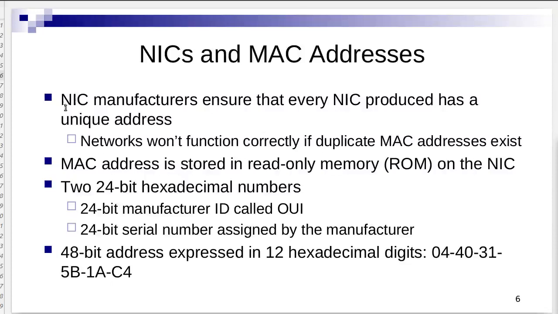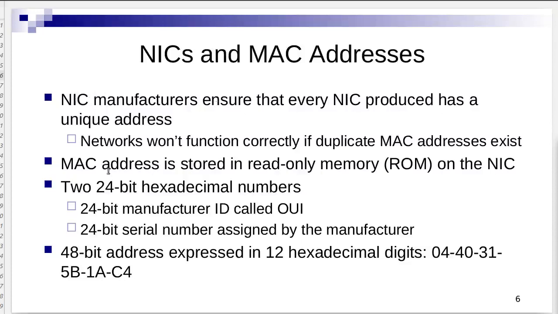So you pretty much can assume that just about every NIC that you will ever encounter will have a unique MAC address. So let's just assume that for now. Of course, there's ways around it, but let's just say they are unique. So this is the way the manufacturers do it, it's burned into read-only memory on the network interface card.